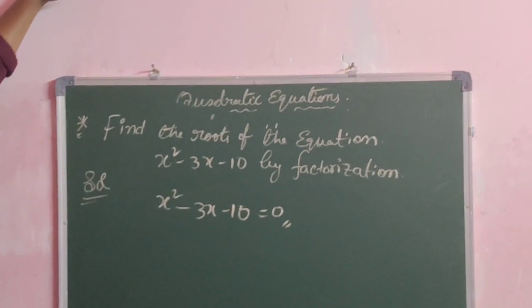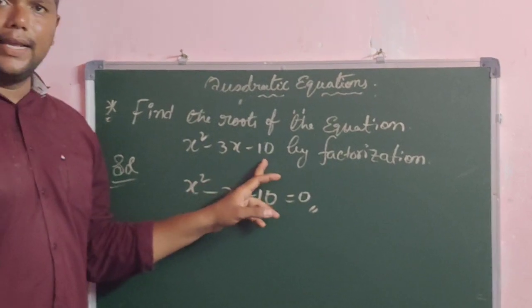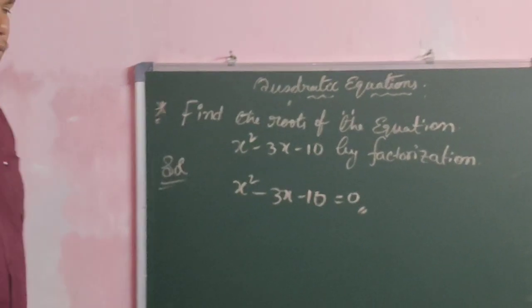Find the roots of the quadratic equation x square minus 3x minus 10 by factorization method. So what is the concept?